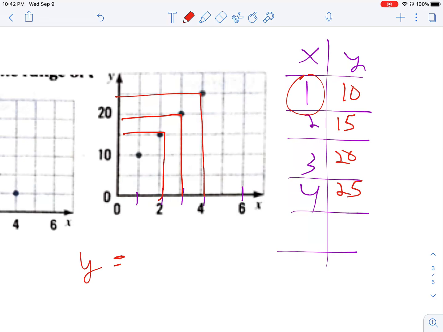Okay? 2 times 5 is 10, plus 5 is 15. 3 times 5 is 15, plus 5 is 20. 4 times 5 is 20, plus 5 is 25. So that seems to be working. So it is 5x plus 5. So take whatever your input value is for x, multiply it by 5, and then add 5 to it, and that is the pattern of this function.